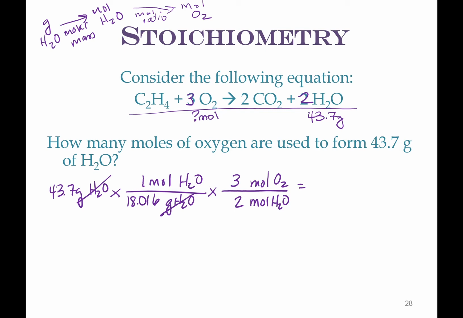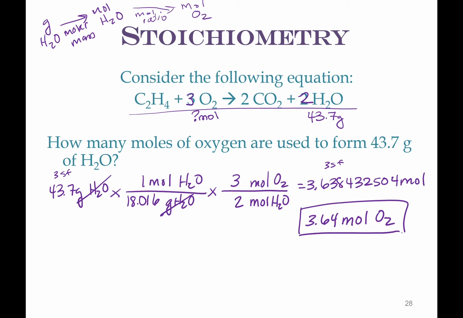And I'm going to say 43.7 times 1 divided by 18.016 times 3 divided by 2 gives me 3.64 moles. 3 sig figs in your answer. So 3.64 moles of O2 are going to be what form?